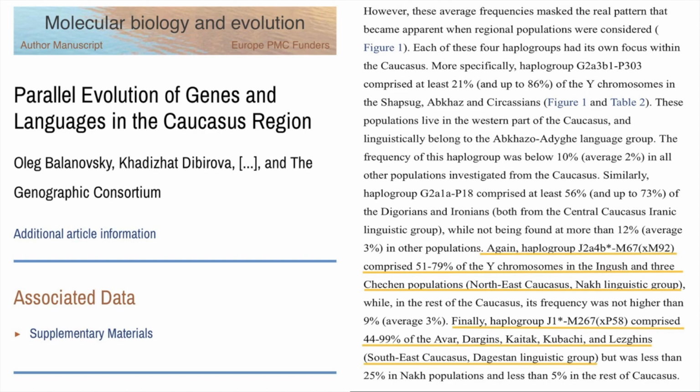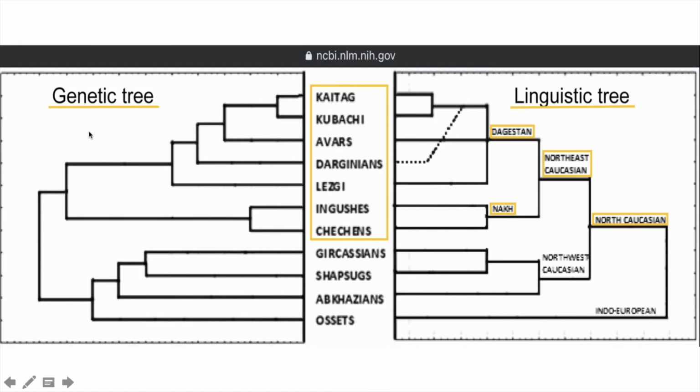Finally, haplogroup J1, M267 comprised 44 through 99% of the Southeast Caucasus Dagestan linguistic group. And so you see the genetic tree and the linguistic tree. They both overlap each other beautifully. Here you see that the North Caucasian linguistic family kind of branched into these groups in the genetic tree.